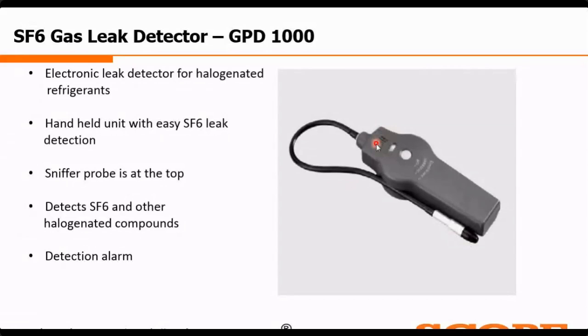Other than that, you can also understand with the help of the visual alarm. Here the color automatically changes when it senses SF6 or the halogenated refrigerants. So there are two detection facilities: one is audio and one is visual.